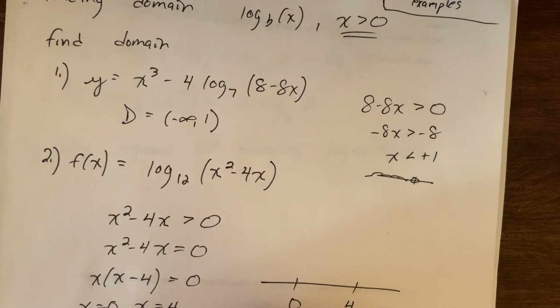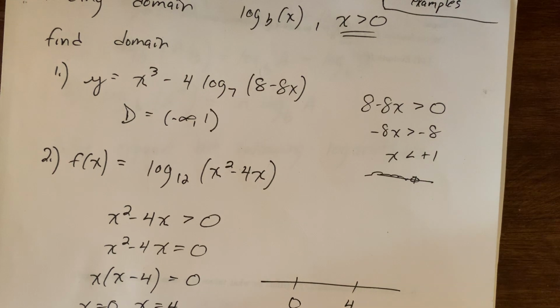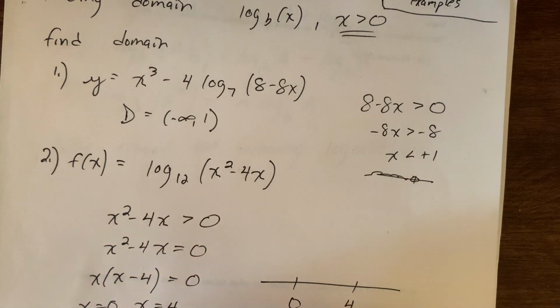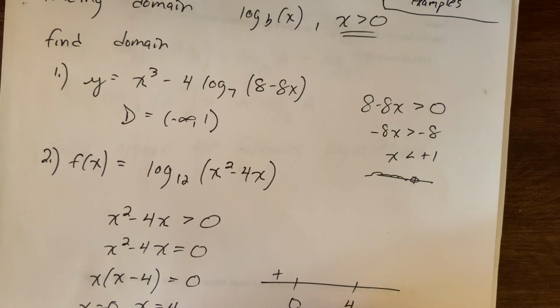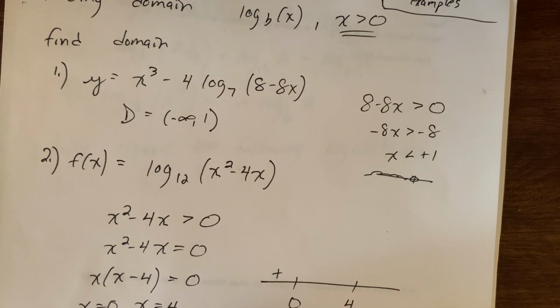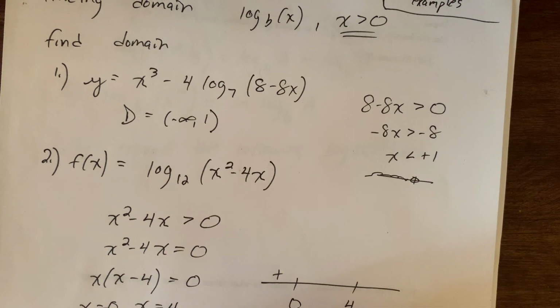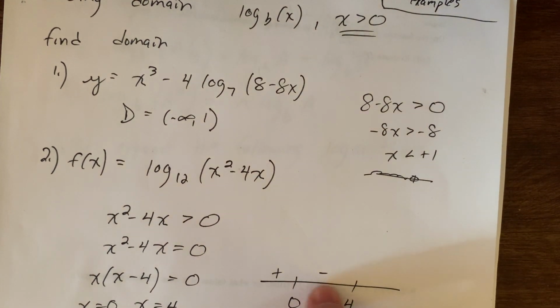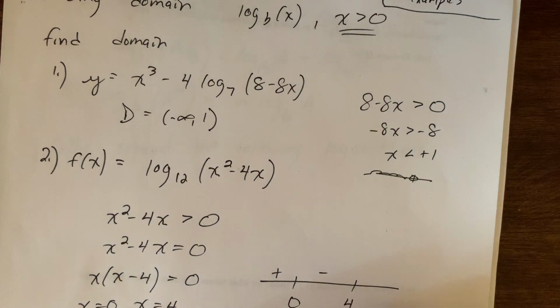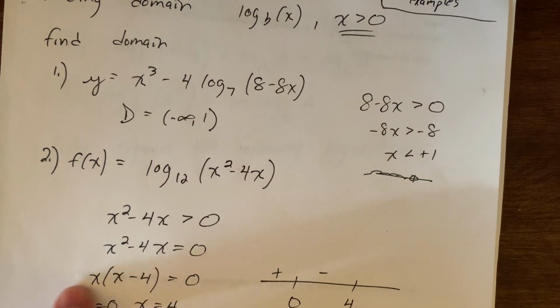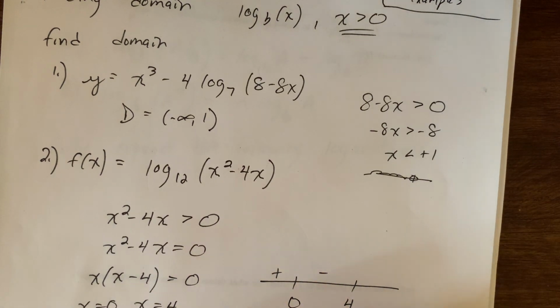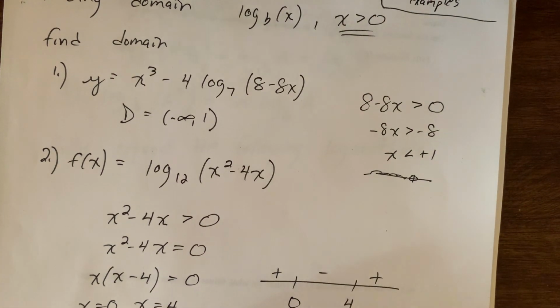I'll pick an x before 0, so negative 1, negative 1, negative 5, two negatives make a positive. Now I'll go inside of here, and I'll use x as positive 1, 1 minus 4 is negative 3, so a positive times a negative, which is a negative. And now something bigger than 4, I'll use x as 5, positive 5, 5 minus 4 is positive, so positive times positive gives us a positive.